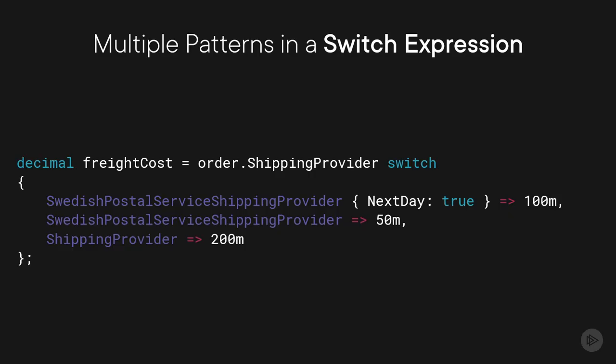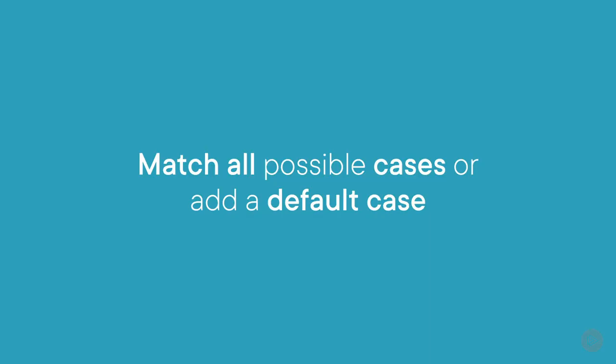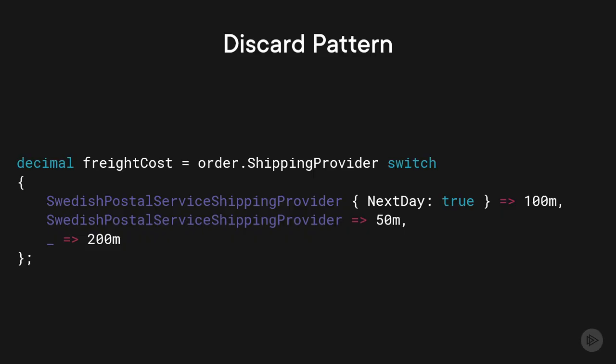It's important that your switch expression has patterns defined for all different cases. I'm definitely not suggesting that you produce complex patterns for the sake of adding more patterns, but you should never forget to catch the default case. This is when there's no other match. You can easily catch everything by using the discard pattern, and this will match on null as well.